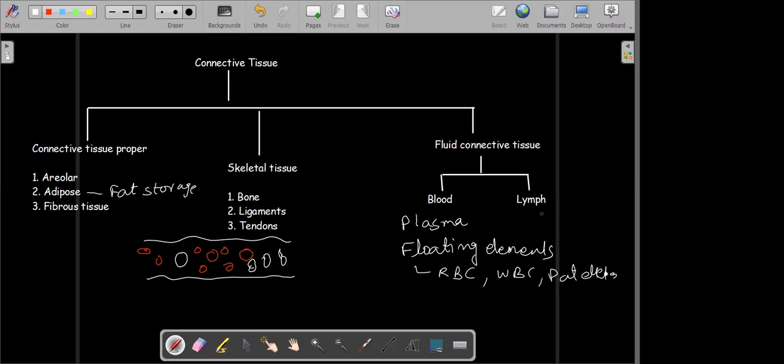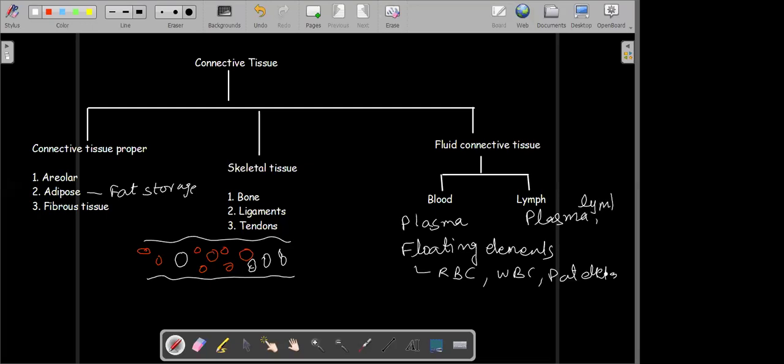In a similar way, lymph is also a connective tissue, and it has plasma. Along with plasma, it has some floating elements which are called lymphocytes.